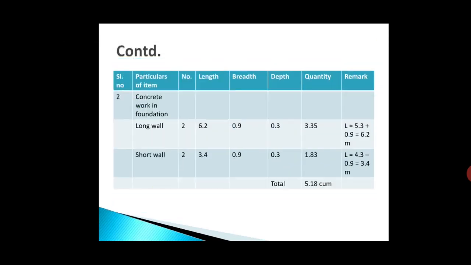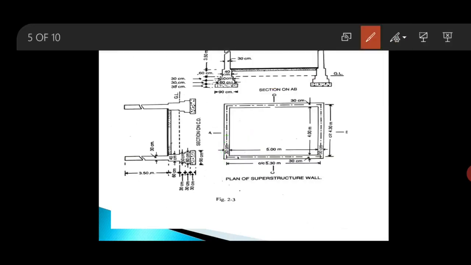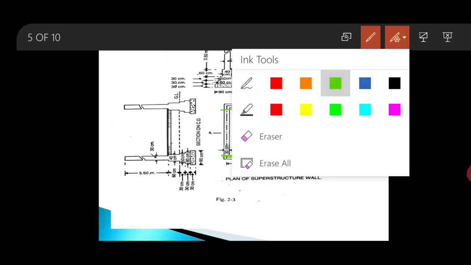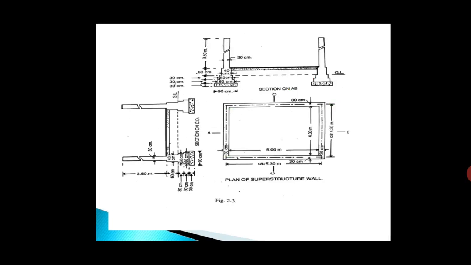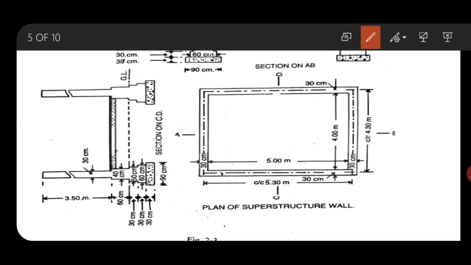So let us move to the drawing. So see here, this part is over. We have already calculated this part. Okay. So now this in-to-in dimension is required for calculation of the short one. This part is over.